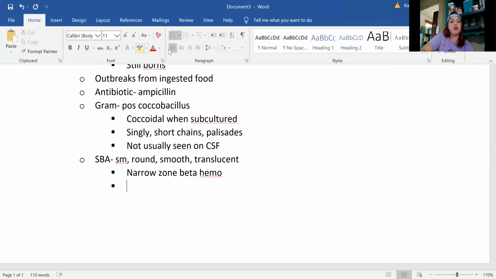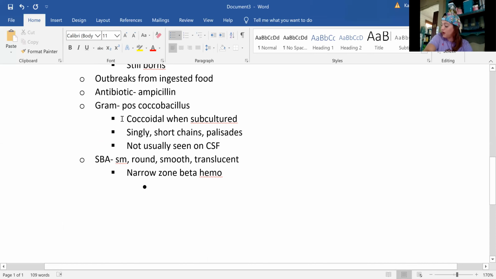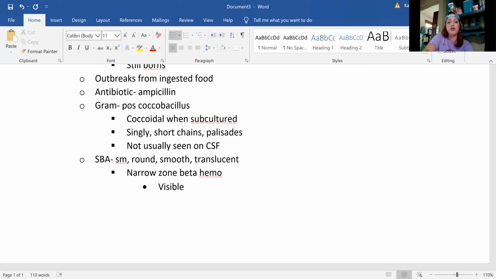And actually, it's so narrow that to see this narrow zone of beta hemolysis, it's only visible when the colony is removed. So, let's say you took your little loop and you took the colony off. That's when you'd see that narrow zone of beta hemolysis.